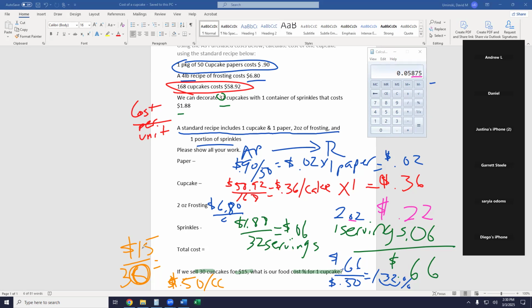So I will say this, these cupcakes, I got them from Sam's, and they are $16.48. Okay, let me clear my screen. Actually, let me just do this. Stop share.